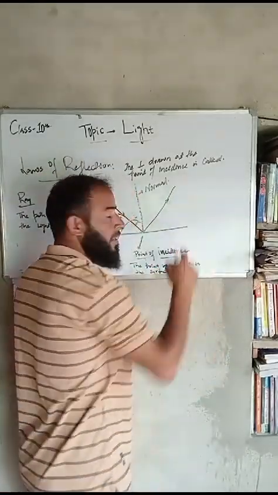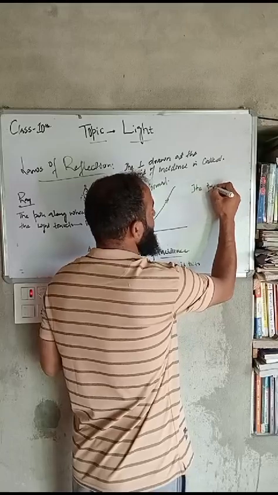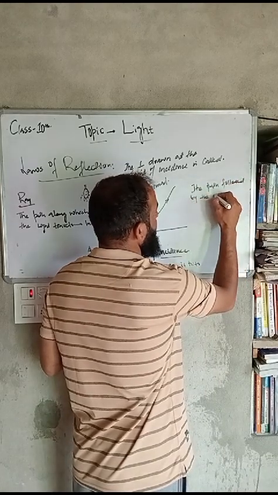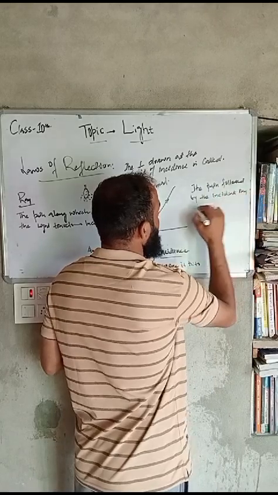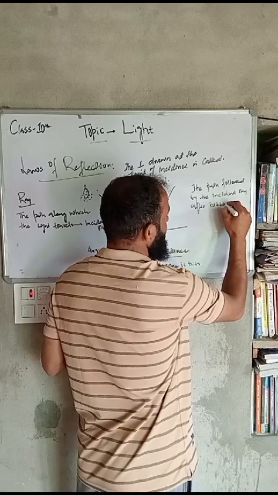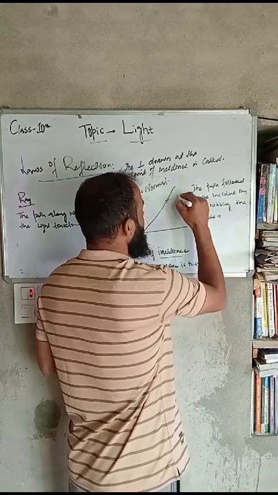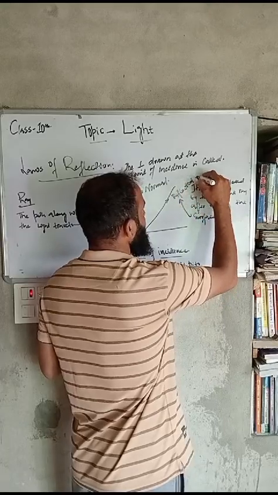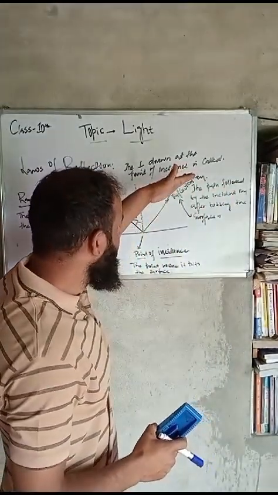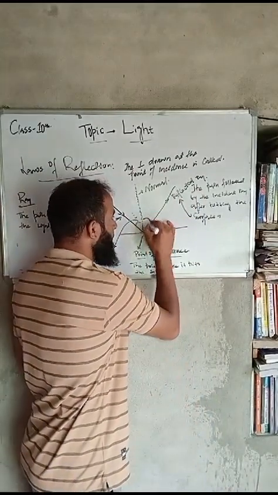The path followed by the incident ray after hitting the surface is known as the reflected ray.